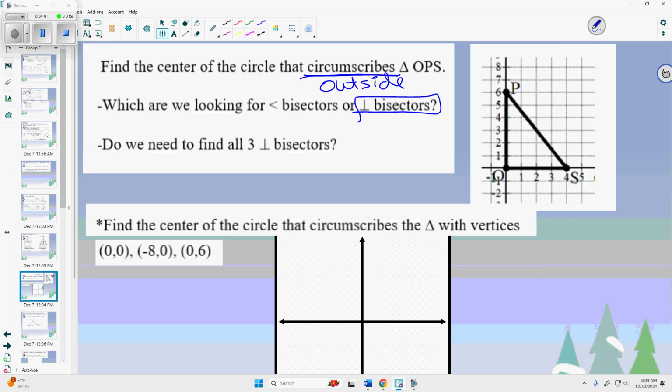Okay, so looking at that picture, are there easy sides to do perpendicular bisectors on? Are there easy sides to go perpendicular to? I'm seeing head shakes and head nods. If you were nodding to me, which ones do you think were easy to go perpendicular to?